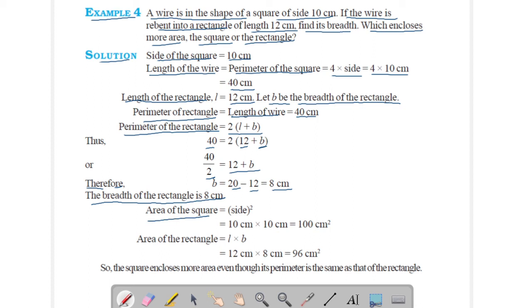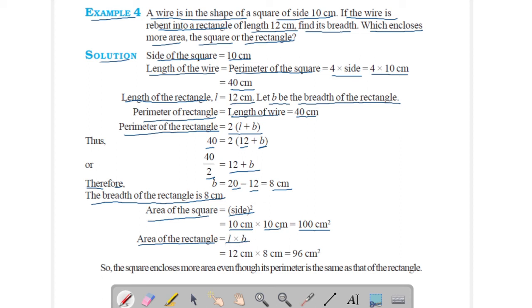Area of square is equivalent to side square, that is side of square is 10 centimeter. We can write it as 10 centimeter into 10 centimeter, multiply it, you will get 100 centimeter square. So this is the area of square. Now area of rectangle is given by L into B, that is length into breadth.